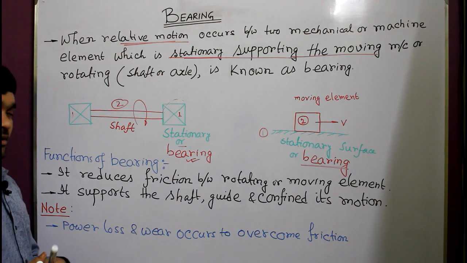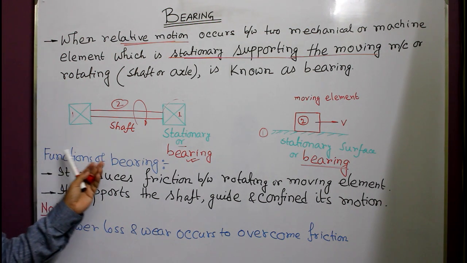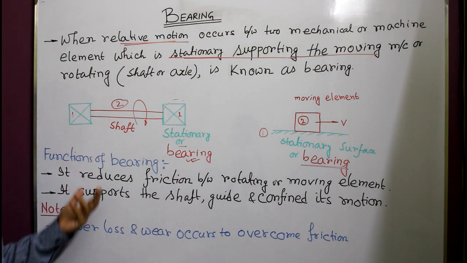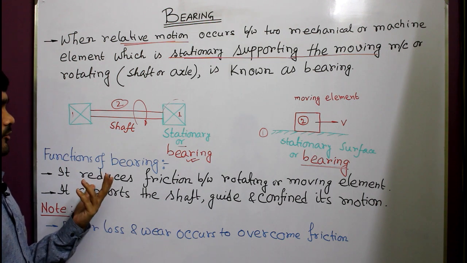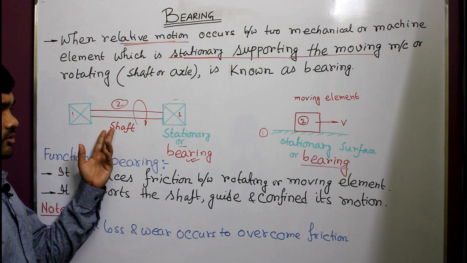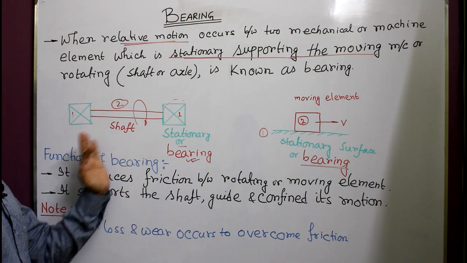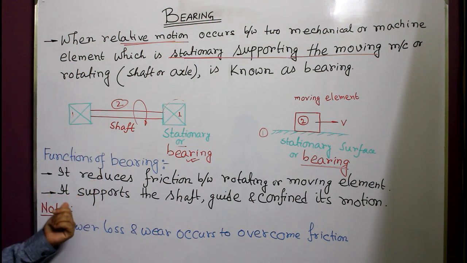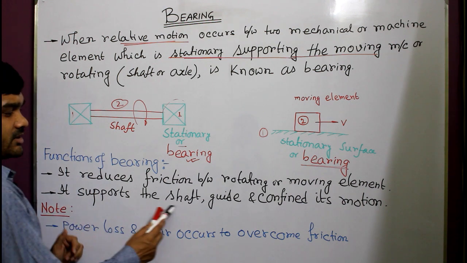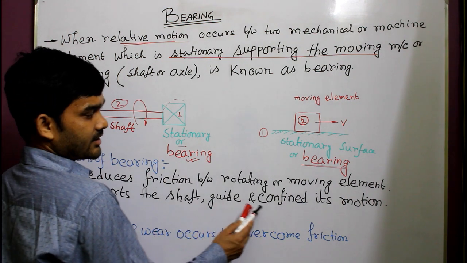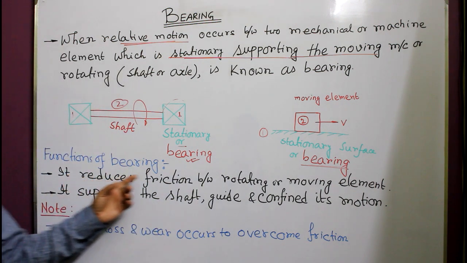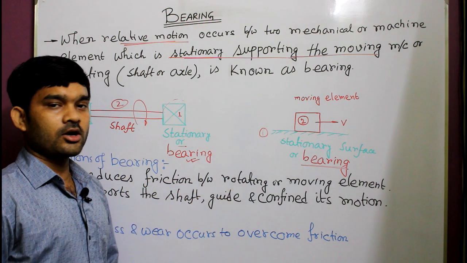Now we will see the functions of a bearing. As I told you, it supports the moving or rotating element, and while supporting, it also guides and confines the motion of the shaft. Also, it reduces the friction between the rotating or moving elements.